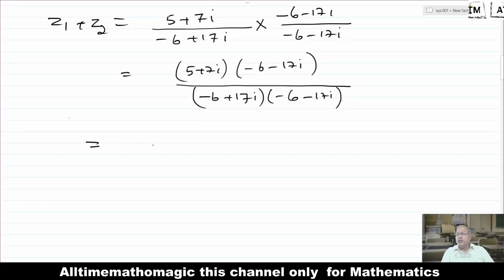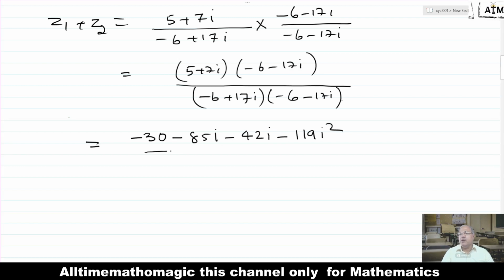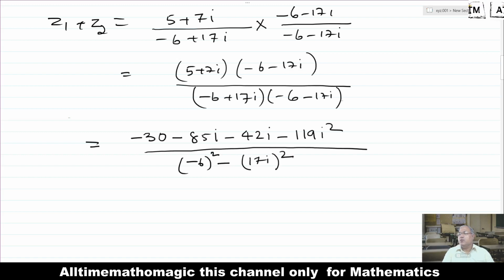Now opening the brackets, we get minus 30 minus 85i minus 42i minus 119i square upon minus 6 square minus 17i whole square.